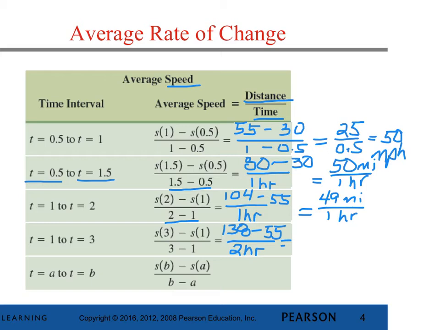And 138 minus 55 is 83 miles in 2 hours.